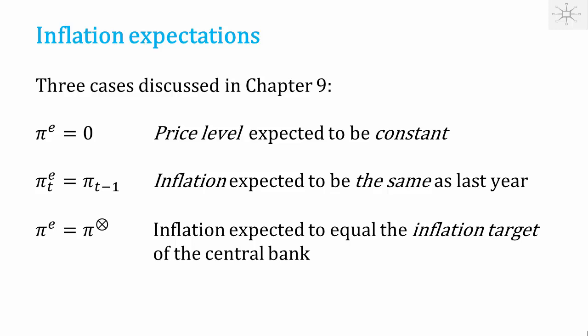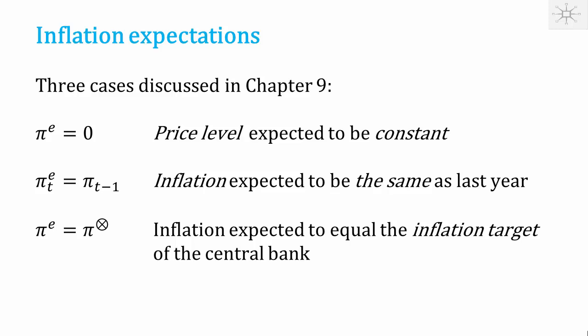But then a third possibility is that people think, well, we have this central bank and they have this 2% inflation target, so probably inflation is going to be 2%. That might also be a plausible idea about how people form expectations. So in the chapter, all these three cases are discussed.